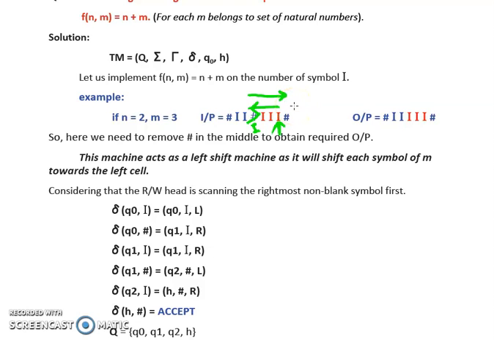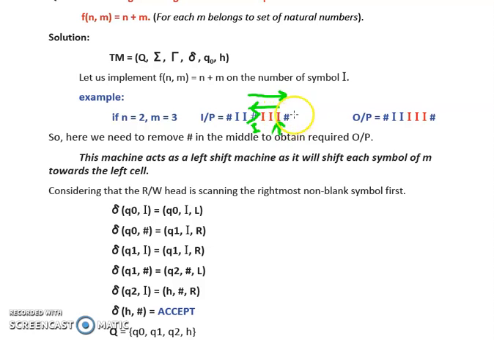On moving to the right direction, all the I's will be treated in the same manner. So the state will not change. We will again be on the same state Q1 and I will be replaced by the value I itself. We will come till the hash is obtained. Now why are we coming till hash?